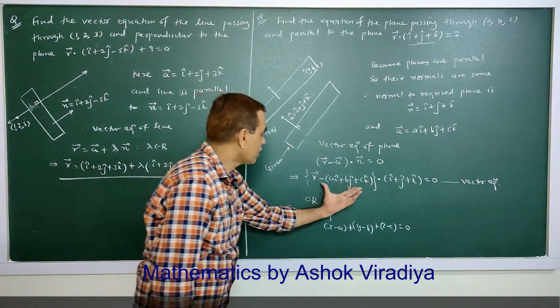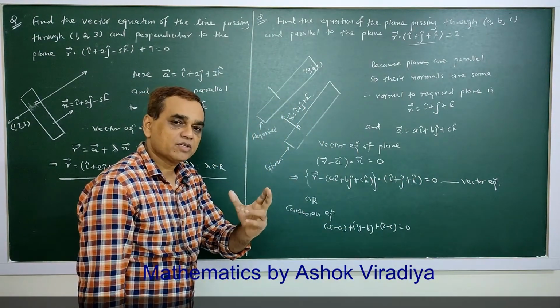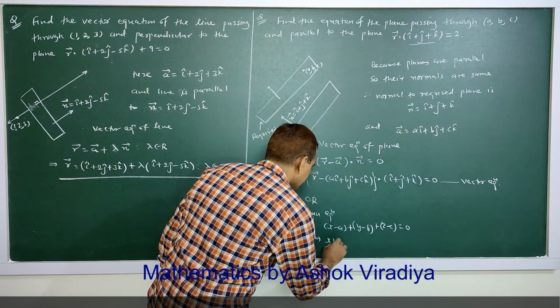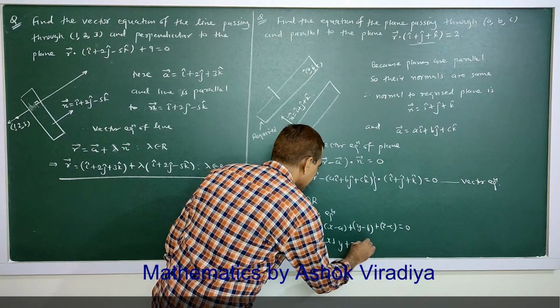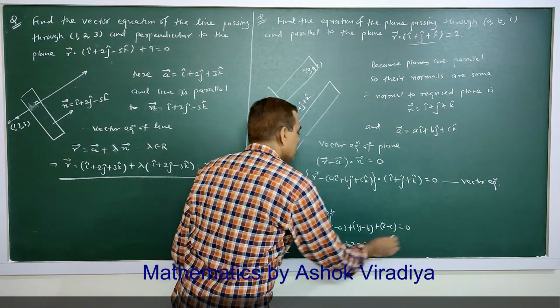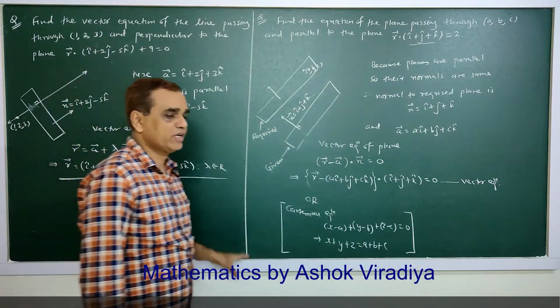I have taken the dot product of these vectors, where vector r is xi plus yj plus zk. So that is x plus y plus z is equal to a plus b plus c. So the equation in Cartesian form also can be found this way.